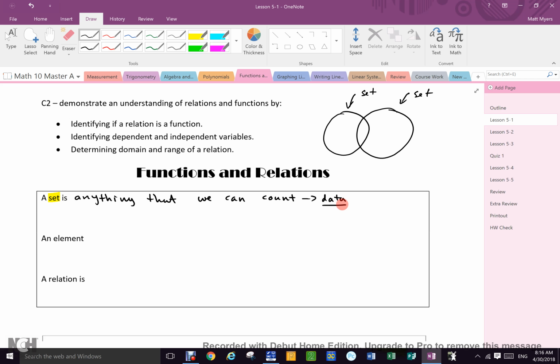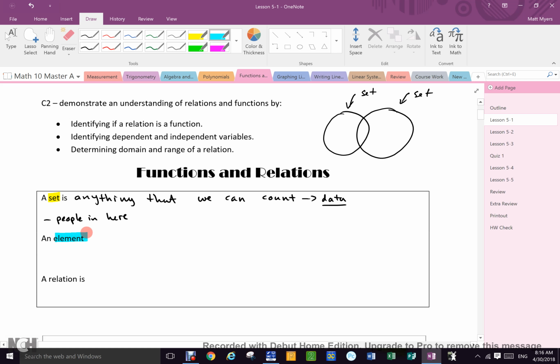The easiest set of data, I would say, in this class would be how many people were in it. Everybody with me? That's a single set, because I can count every person in the room. Everybody good? It's easy. So, anything you can count. So I'm going to start that off with people in here. All right, so that's the set.